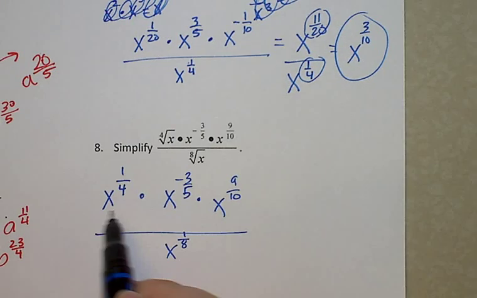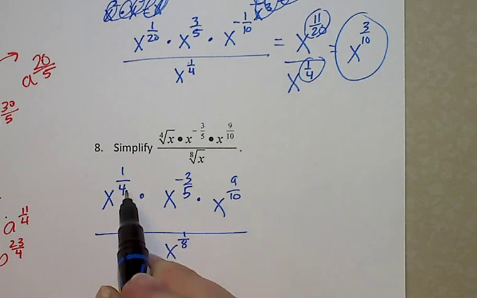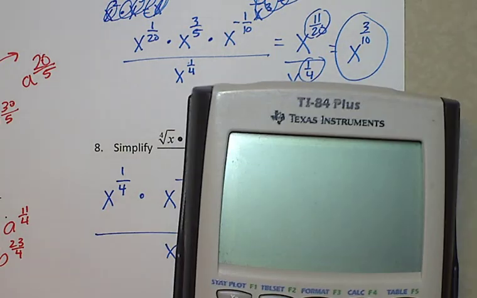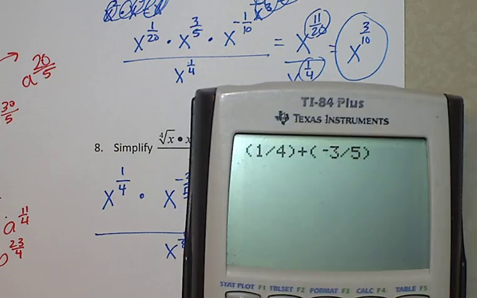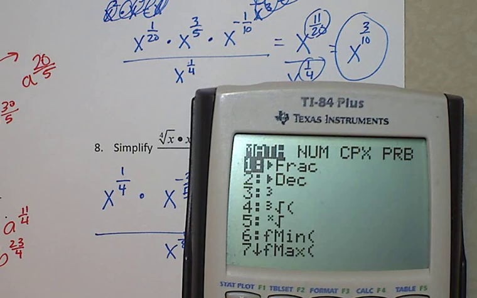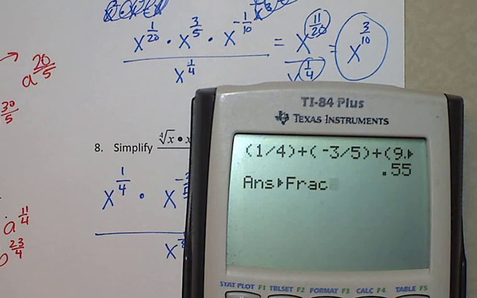So because I'm multiplying and I have the same base, I'm going to add the exponents. Turn it back into a fraction by hitting Math, Fraction, Enter, Enter.